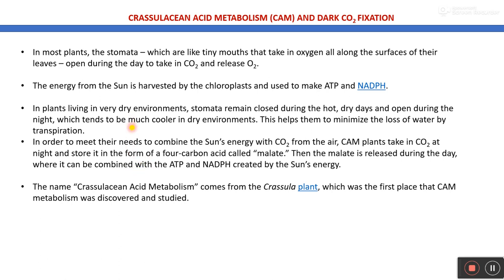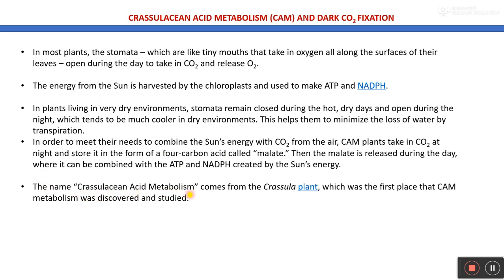So, in order to meet their needs to combine the sun's energy with carbon dioxide from the air, CAM plants take in carbon dioxide at night and store it in the form of a 4 carbon acid called malate. Then malate is released during the day, where it can be combined with ATP and NADPH created by the sun's energy. It is also known as assimilatory power, right? Which is generally generated in the light reaction.